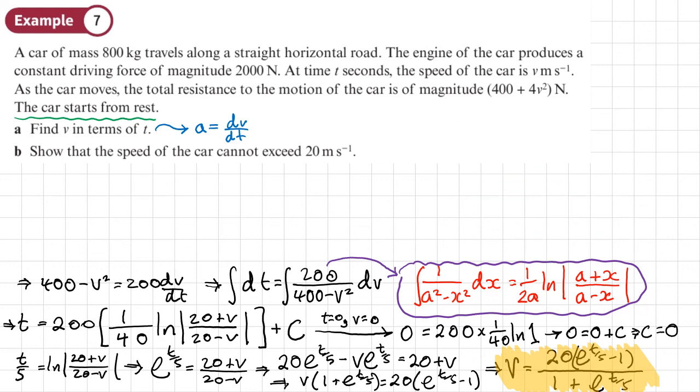So part B now, we need to show that the speed of the car cannot exceed 20 meters per second. Okay, so the expression we've got for the speed is 20 times e to the t over 5 minus 1 over 1 plus e to the t over 5.